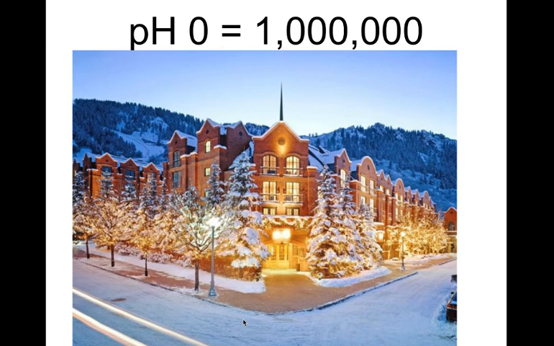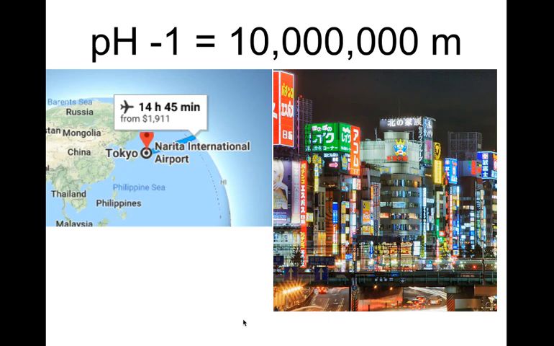If we were to leave Omaha and drive to Aspen, it would be about a 10-hour drive from Prep. And then pH of -1, if we keep going west, gets us all the way to Tokyo. So 10 million meters from Prep is about pH -1, and that would put us roughly in Tokyo, Japan.